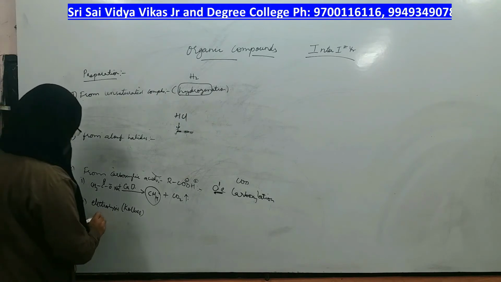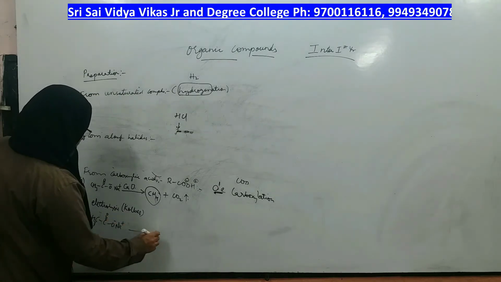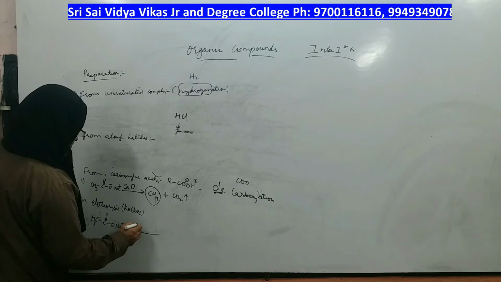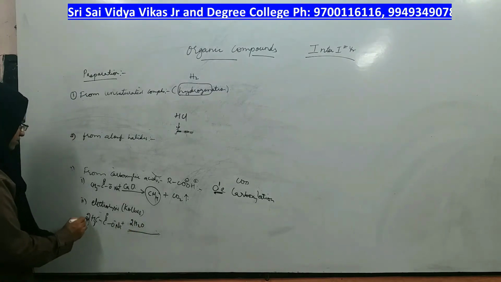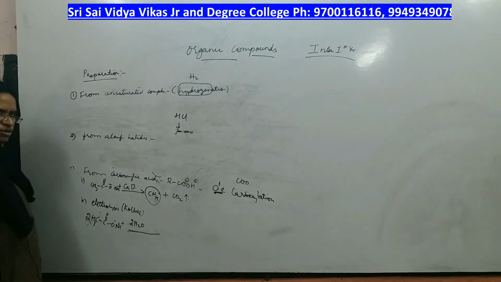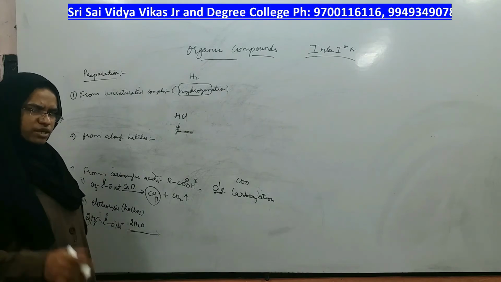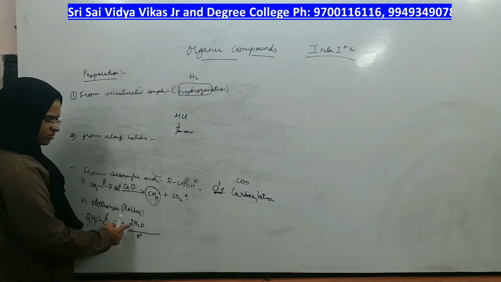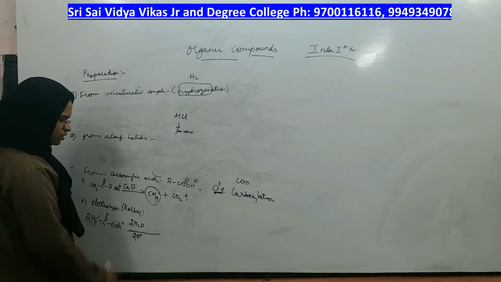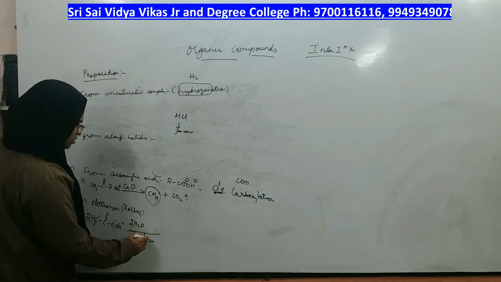So I will take the same carboxylic acid here, CH3COO minus and Na plus, in the presence of water. What happens is electrolysis takes place. Electrolysis means what? Cations migrate towards the cathode, anions migrate towards the anode. From water, the cations are H plus ions. How many waters have I taken? So there will be 2 H plus ions. Same way, how many OH minus ions will be there in this water? 2 OH minus, right?